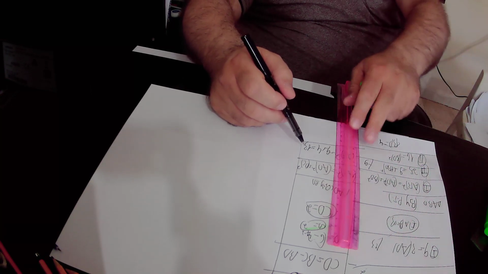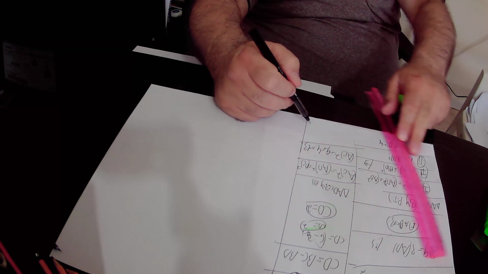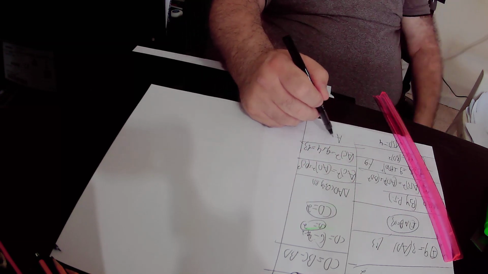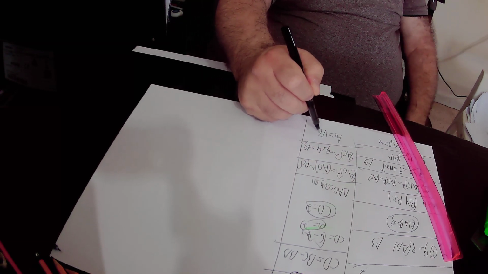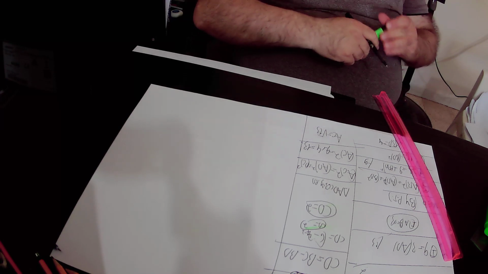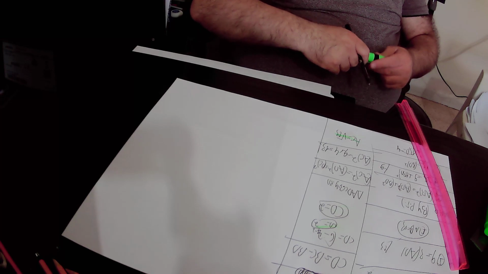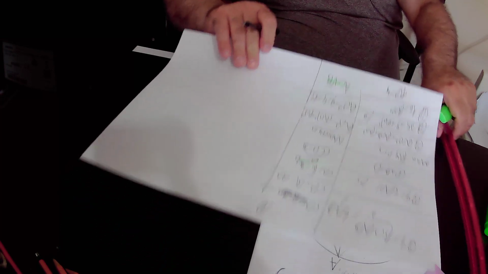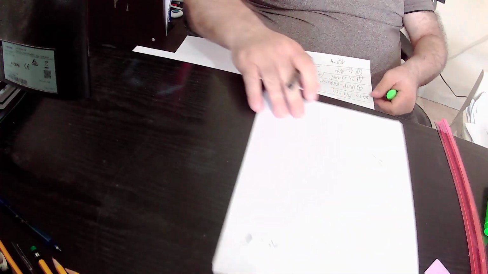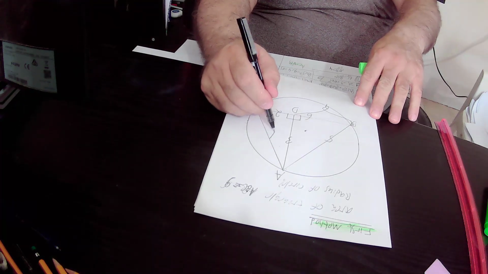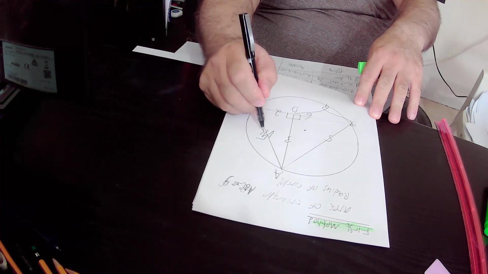Taking the square root, we get that AC equals the square root of 13 units.